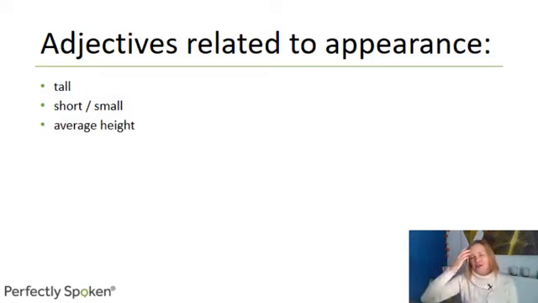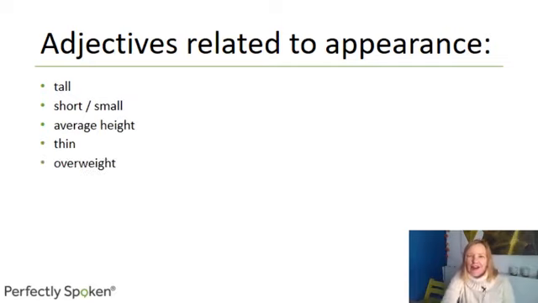Average height. Okay, so for example, here in Spain, I am average height. But in England, the people are tall and I'm not tall. So I'm quite short. Yes, it's true. And thin, so quite thin and overweight.